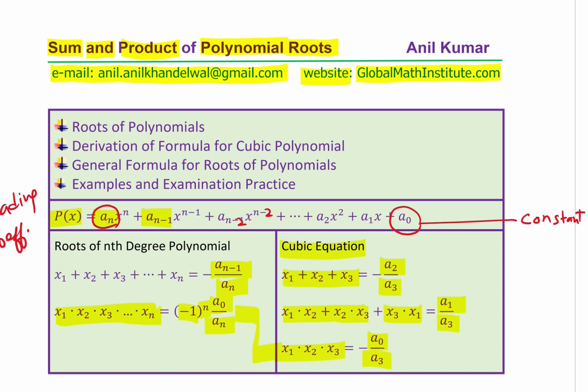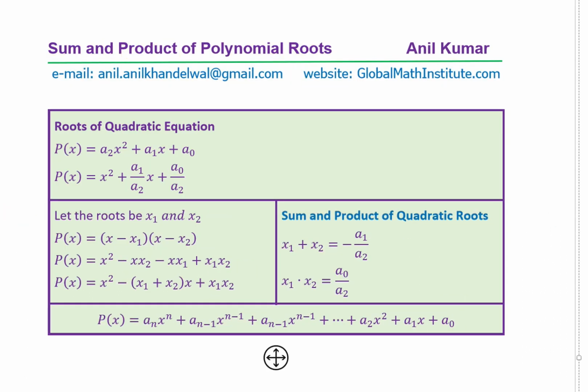Now let us see how we derive these formulas. We'll begin with the roots of a quadratic equation. Let the quadratic equation be a2 x squared plus a1 x plus a0. That's the general form, correct? You can actually divide all these terms by a2, right?